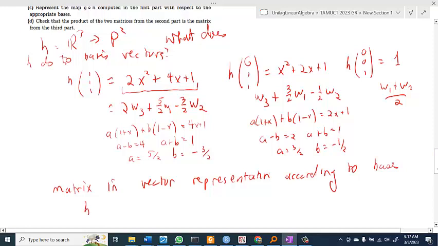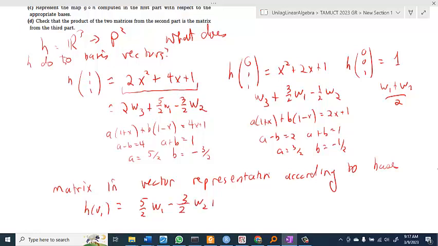I have h of v1 is equal to 5 halves w1 plus minus 3 halves w2 plus 2w3. And I can think of that as the vector 5 halves, minus 3 halves, and 2.